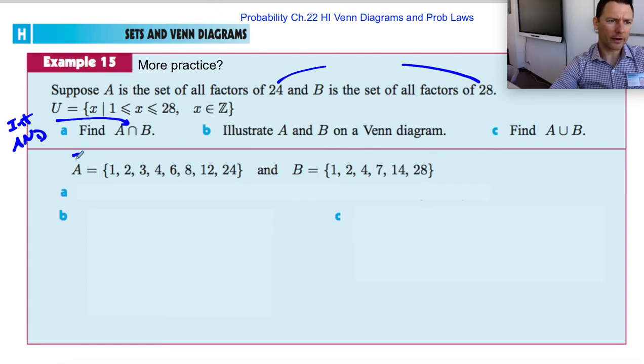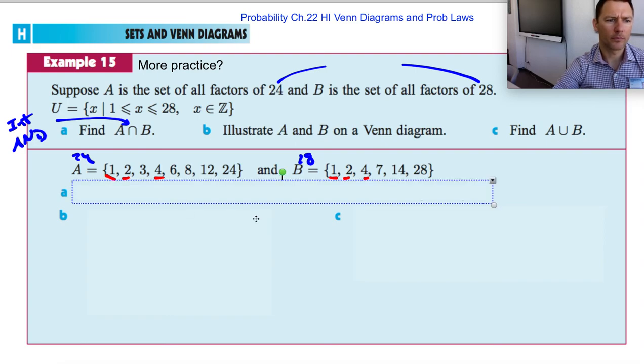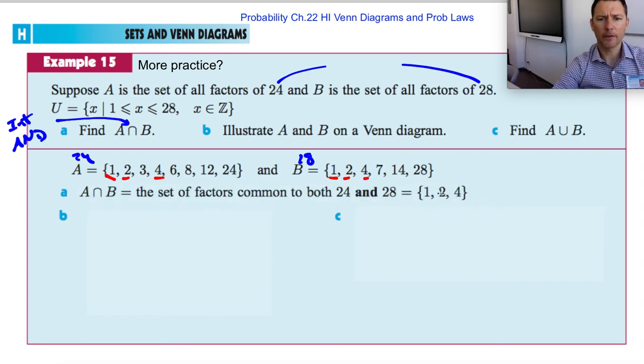So these are the factors of 24. Here are the factors of 28. Things that multiply to 24 or multiply to 28. And so the intersection is the overlap. So 2 is in both. 4 is in both. 1 is in both, right? So 1, 2, 4.